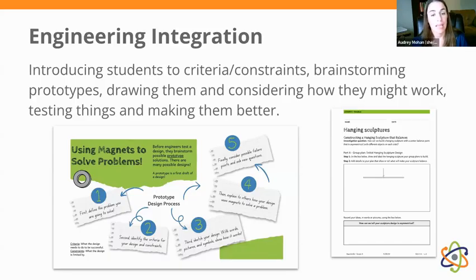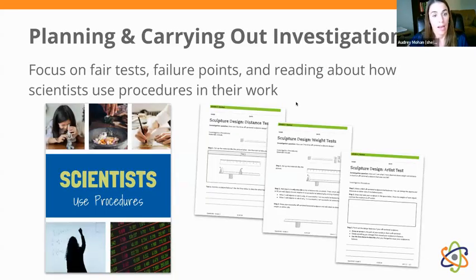But it starts getting them thinking about what's the goal of our design? What problem are we trying to solve? What does it have to do to be successful? And what are we limited by? So there are some big engineering ideas. We start working on that in this unit, and they get 2 more units in 3rd grade that carry that forward. And then the final one is planning and carrying out investigations.